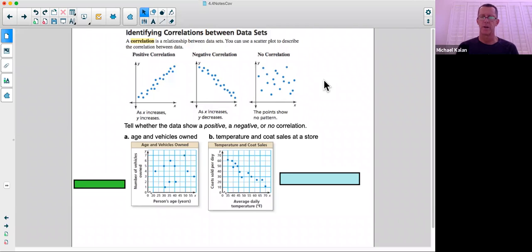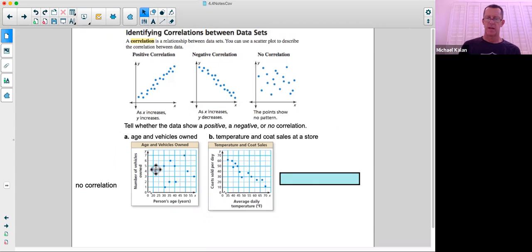No correlation at all. Okay, so analyze this graph here on the left, age and vehicles owned, and tell me whether you think it is a positive, negative, or no correlation. Okay, yeah, pretty much no correlation there, right?